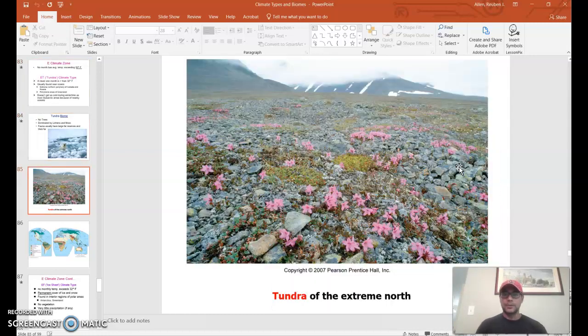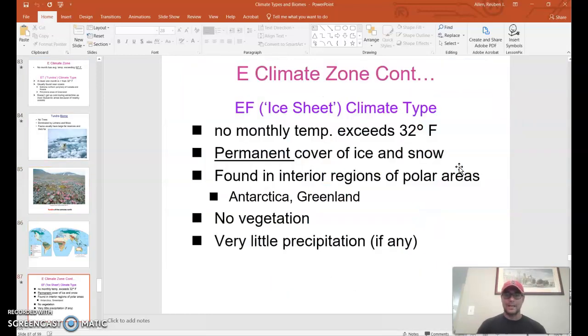Now, the ice cap or ice sheet environment is colder than the tundra environment, because in no month does the average temperature exceed the freezing point. So as a result, you have permanent cover of ice and snow. Because high pressure dominates in these parts of the world, much of Greenland, most of Antarctica, precipitation totals tend to be very, very low, well below 10 inches and often below 2 inches.